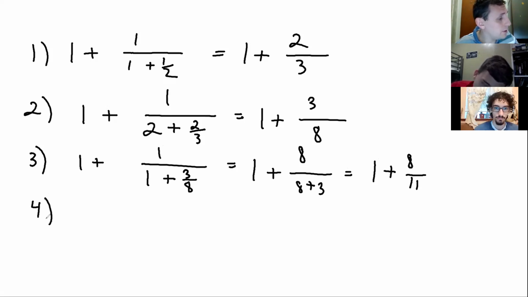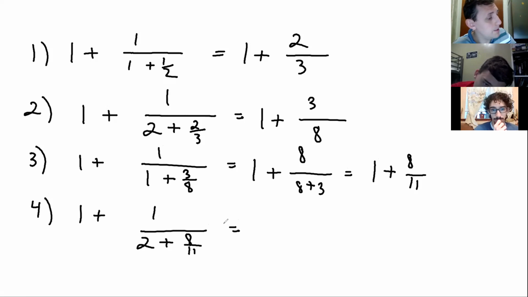And fourth, maybe something like 1 plus 1 over 2 plus 8 over 11. That would be 1 plus, multiplied by 11, so it will be 11 over 22 plus 8, which is 30. I just multiply top and bottom by 11.